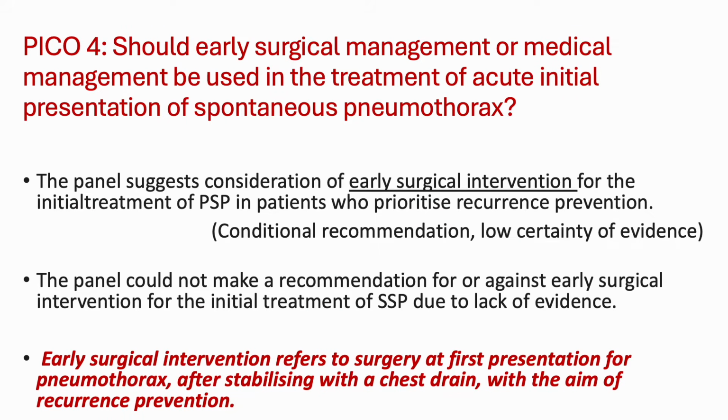But any recommendation for or against it in an early secondary spontaneous pneumothorax does not have that much evidence. So it's a conditional recommendation, and the data suggests that less recurrence occurs if you do surgical intervention.